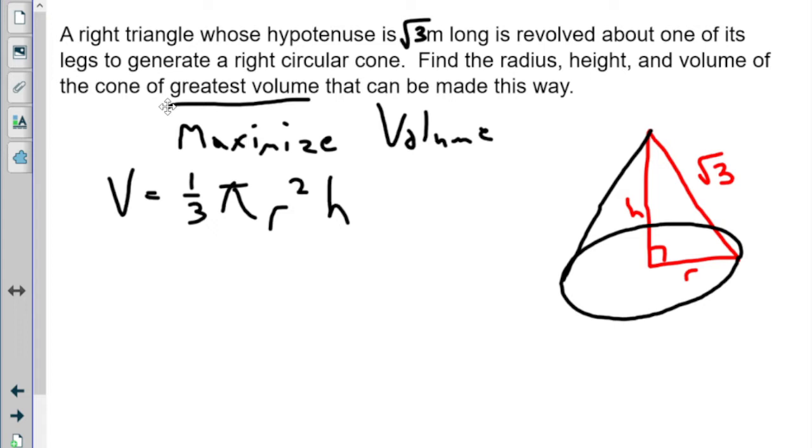And now we need to think about our second equation that is going to put this in terms of one variable. The other piece of information that we have is that the hypotenuse is square root of 3. So we need a way to relate the radius and the height with that hypotenuse.